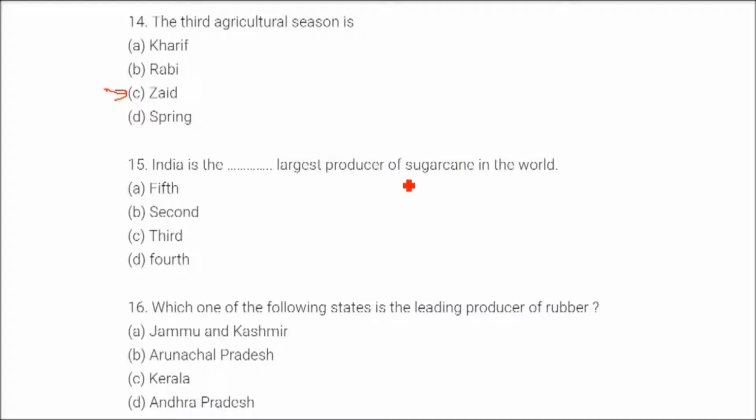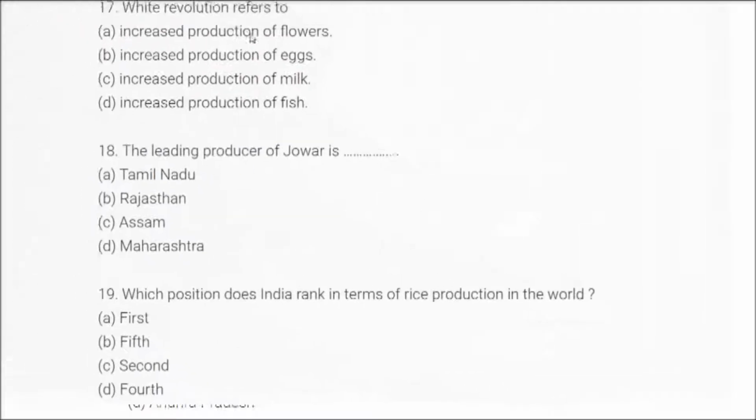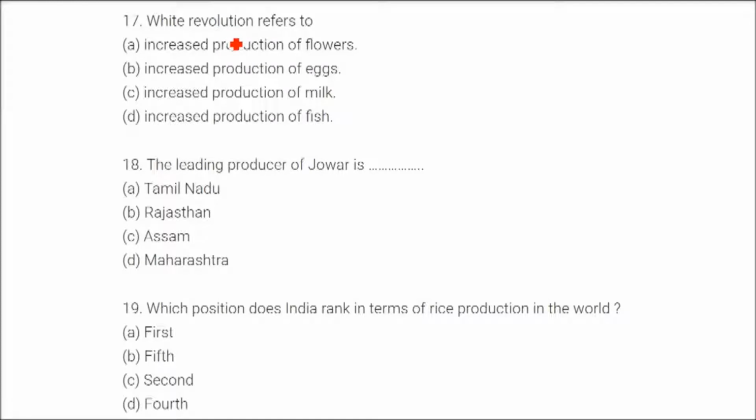India is the dash largest producer of sugarcane in the world. The answer is second, after Brazil. Which one of the following states is the leading producer of rubber? The answer is Kerala. White revolution refers to increased production of milk.